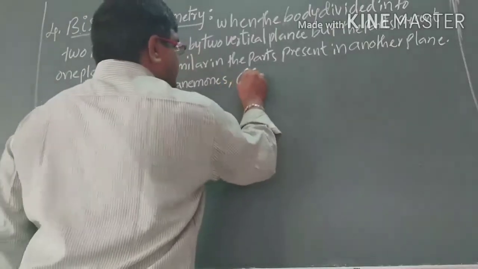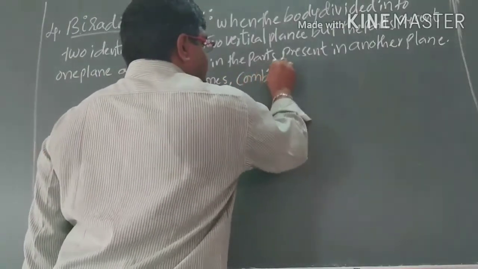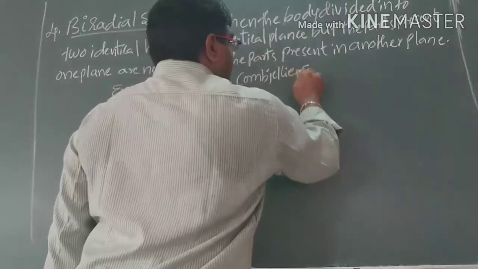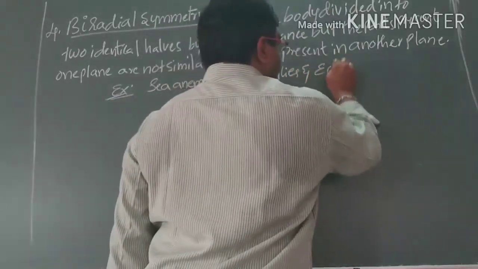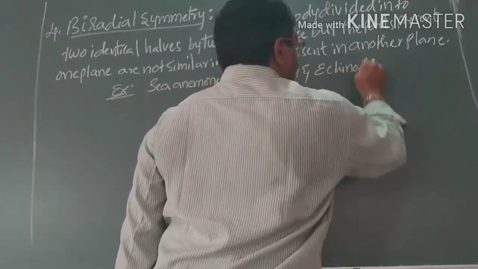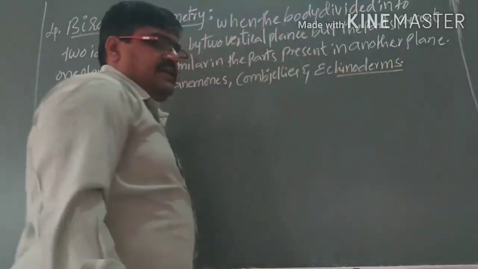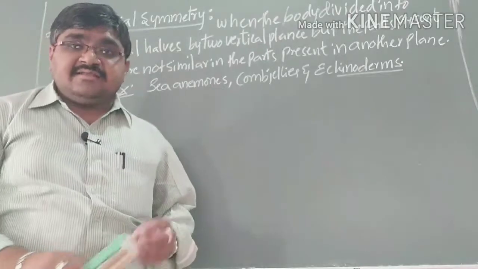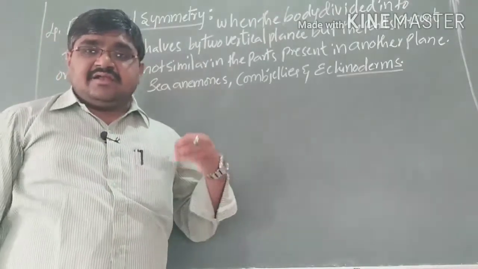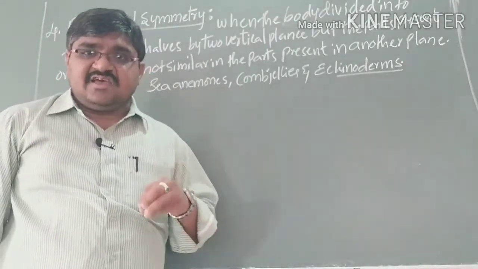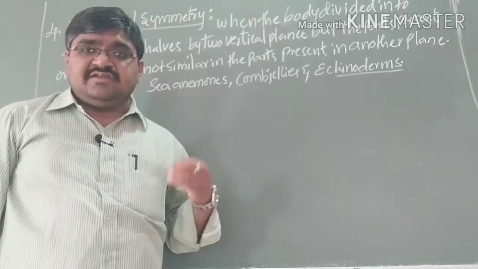An example: we can see it in sea anemones, comb jellies, and also in echinoderms. That means bilateral symmetry is present either in larval stages or in the adult stage, in two stages.